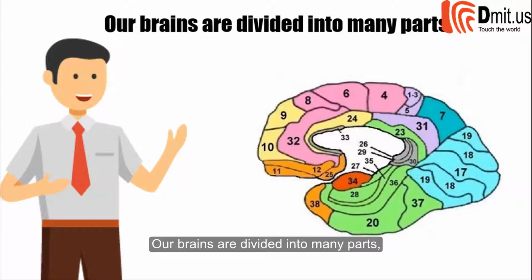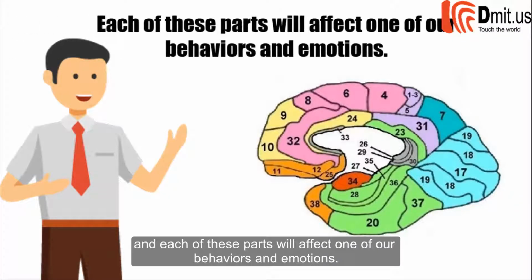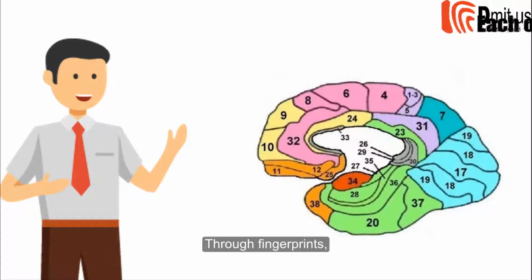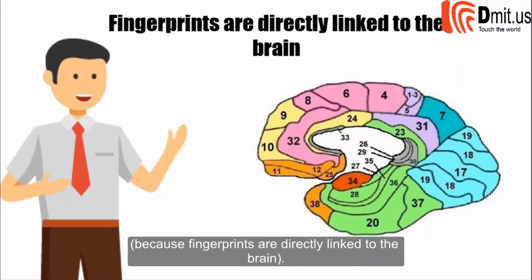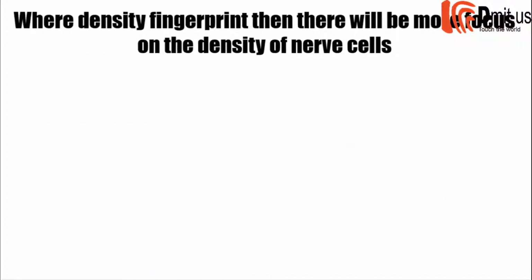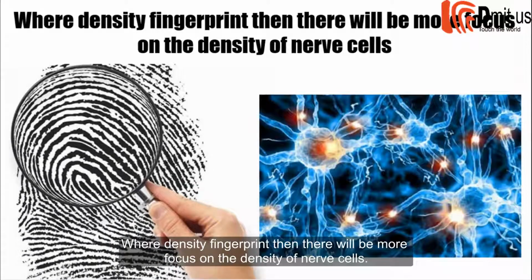Our brains are divided into many parts, and each of these parts affects one of our behaviors and emotions. Through fingerprints, we measure the density of brain cells, because fingerprints are directly linked to the brain. Where the fingerprint is dense, there will be more nerve cells concentrated.